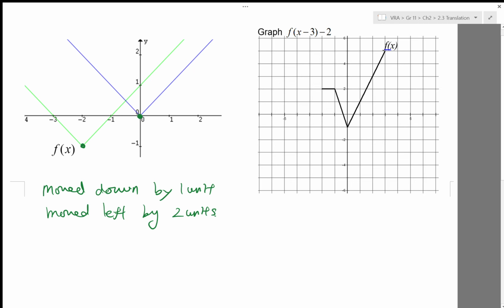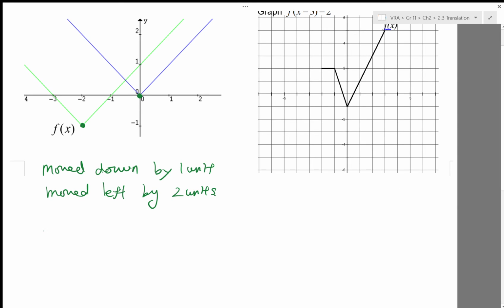Now again, your grade 12 teacher may prefer the horizontal translation and the vertical translation. So this one has a vertical translation down by 1 unit and a horizontal translation to the left by 2 units. Having said that, our function will be (x plus 2) and then minus 1.